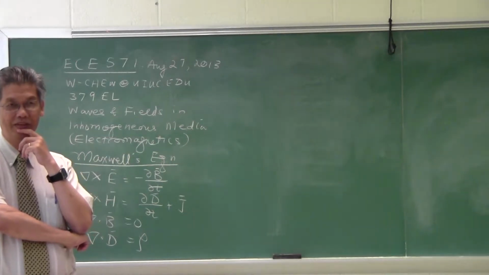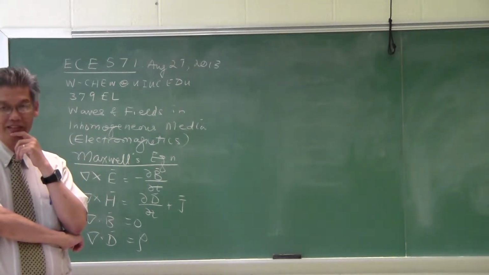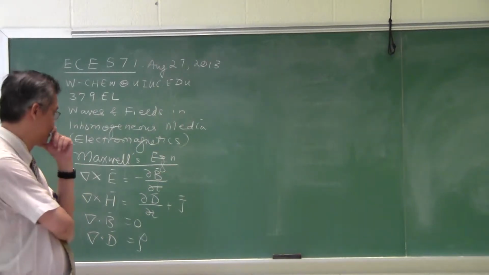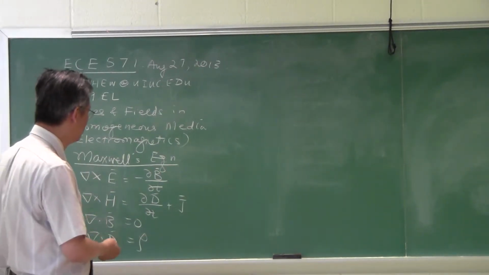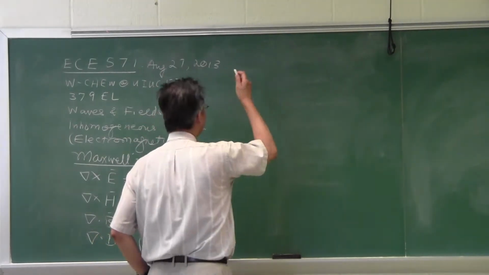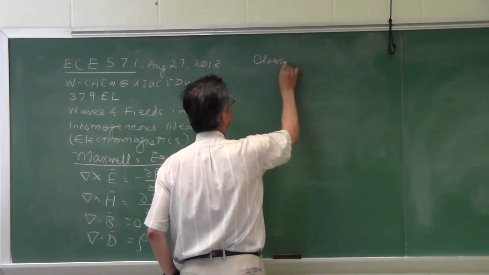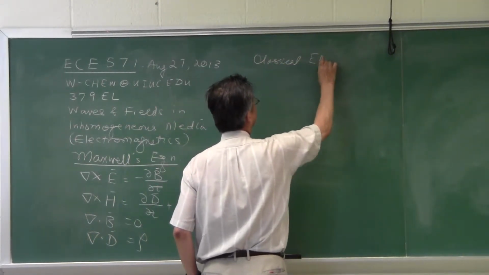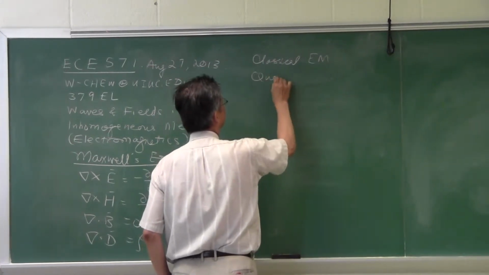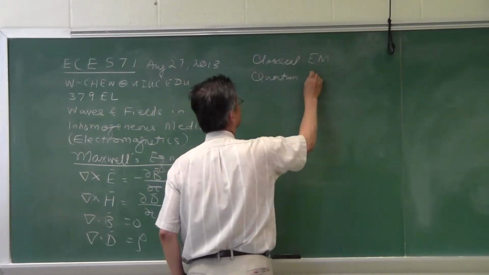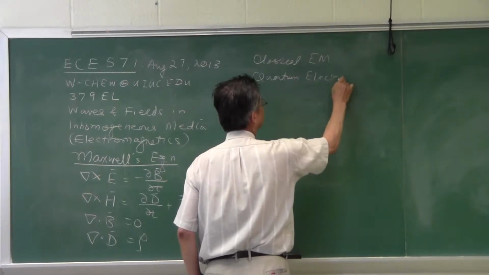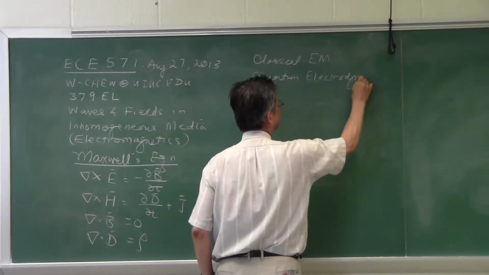So they are important equations in many respects, and they are to stay with us for many years to come. So you can have classical EM, you can have quantum EM or quantum electrodynamics. They are also based on these four equations.